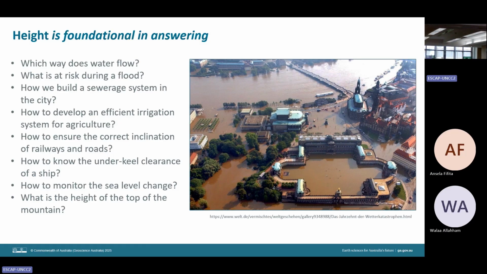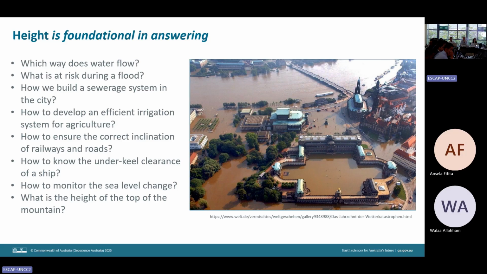In the maritime world, knowing the underkeel clearance of ships, the true sea level or tidal variations all depend on having a consistent and accurate height reference. And in mountainous regions, we need to know the absolute elevation of peaks for navigation, environmental planning, and even tourism and recreation planning. And at the heart of all of this sits geodesy and the use of height datums, which provide a common, rigorous reference surface from which all of these measurements can be made, tied together, and compared across time and space.